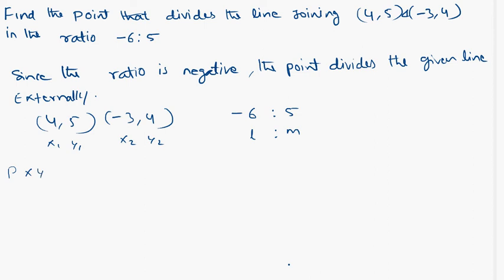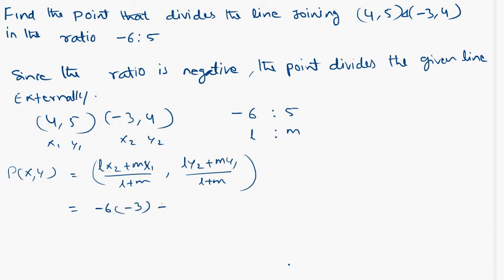Now we can quickly apply the formula and find the coordinates of the point. P x y, Lx2 plus M x1 divided by L plus M, and Ly2 plus M y1 divided by L plus M. L is negative: -6 times -3 plus M is 5, x1 is 4, divided by L plus M, which is -6 plus 5.